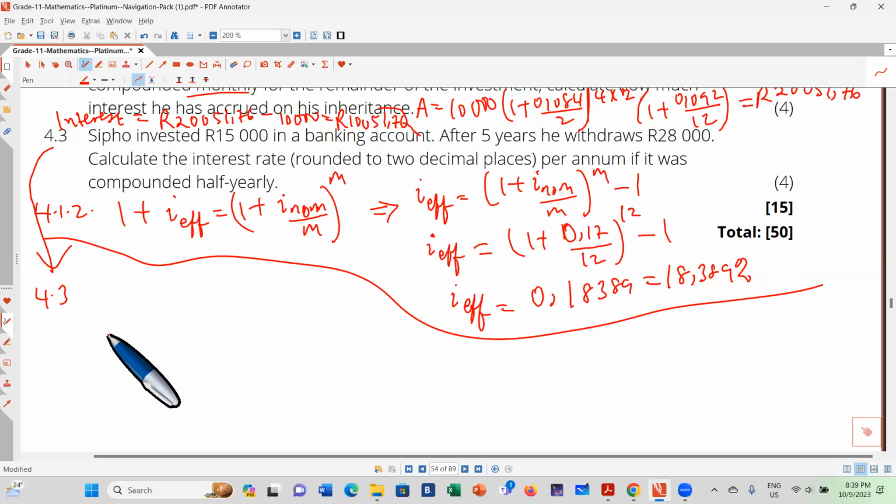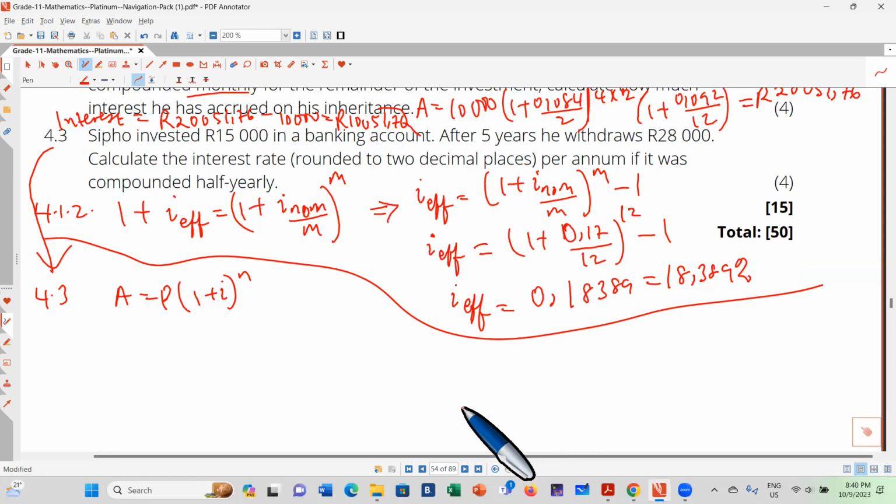All right, so we're going to use the formula for compound interest. He invested 15,000 in a bank account. After 5 years, he withdraws 28,000.